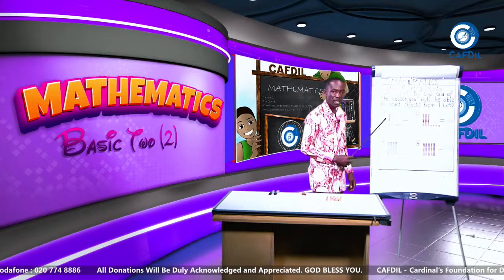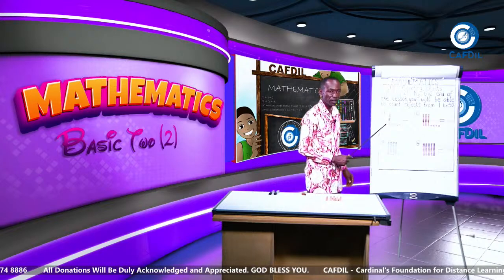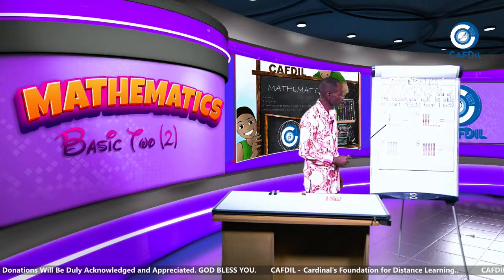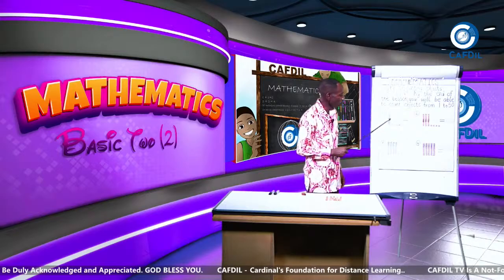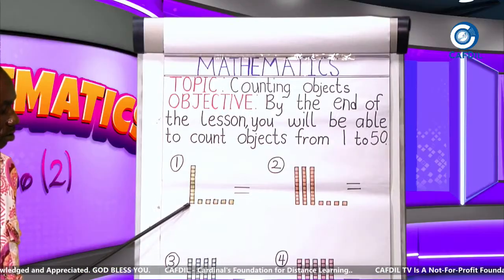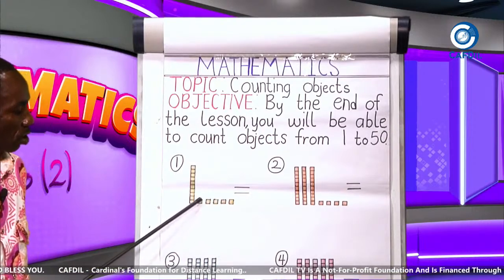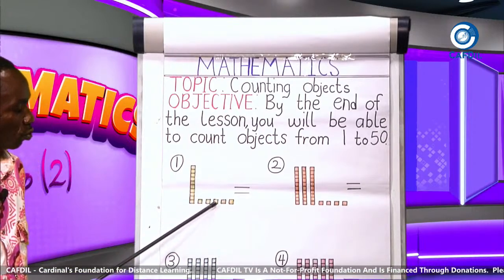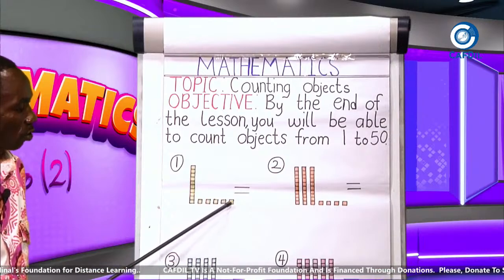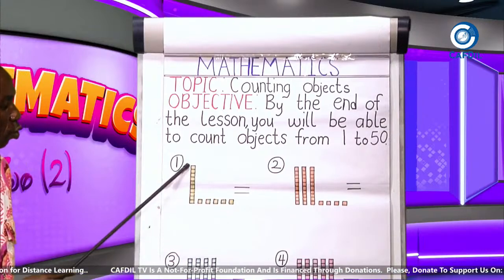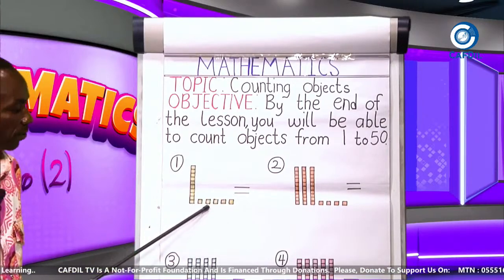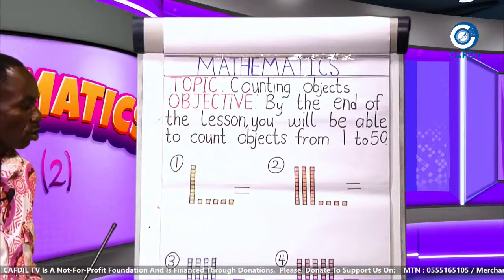On our chart, let's look at number 1. I have 1 long. Let's count the number of cubes. 1, 2, 3, 4, 5. So 1 long and 5 cubes.